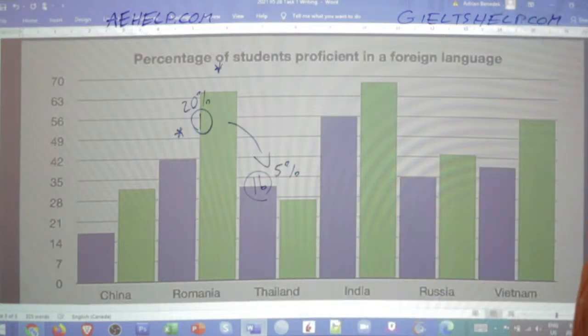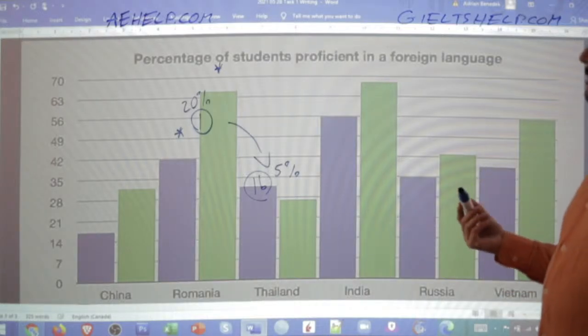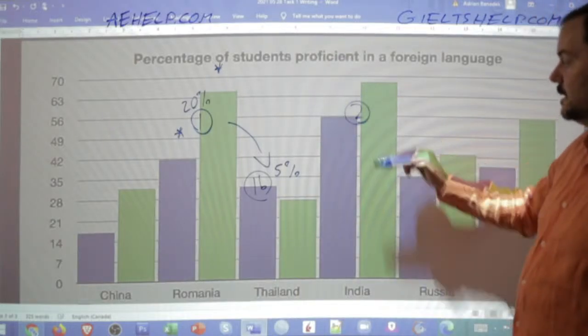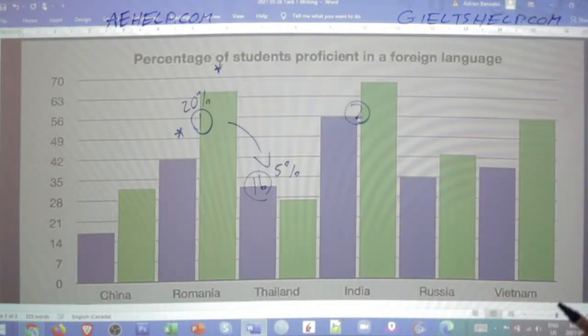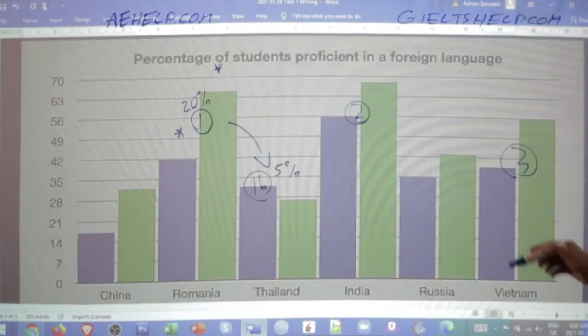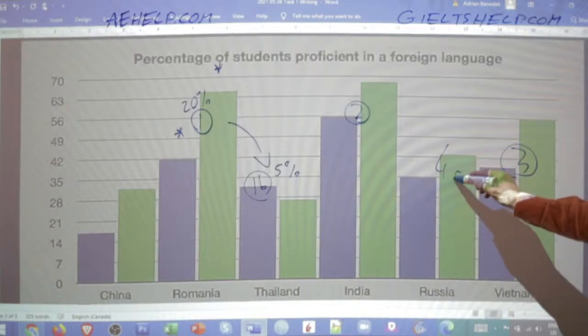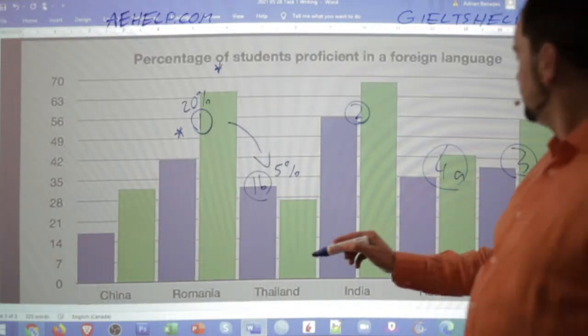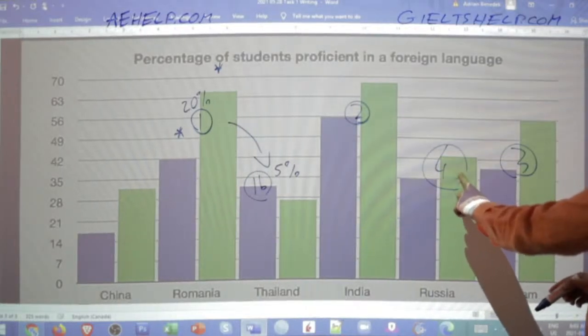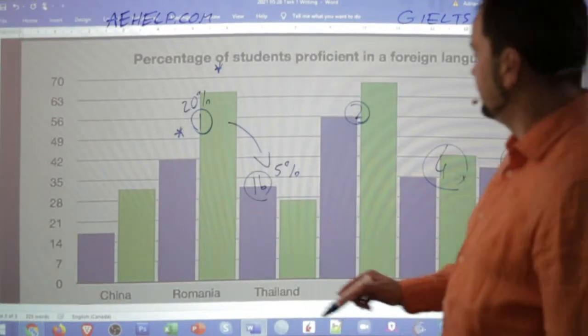Okay. All right, and then my second point will be talking about India. Now, this is kind of my second point of my thesis, all right? And then I'm going to mention this here. Then for 3, 4, and then 5.